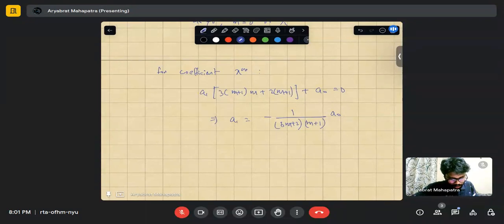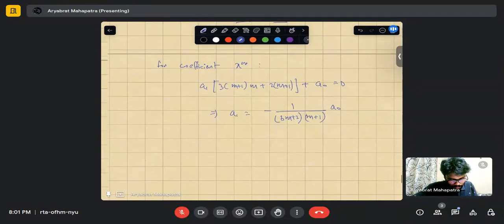Now you can use the different values of m. Before that, the last thing is the recurrence relation. That recurrence relation you will get by setting the coefficient of x to the power m plus k to 0.